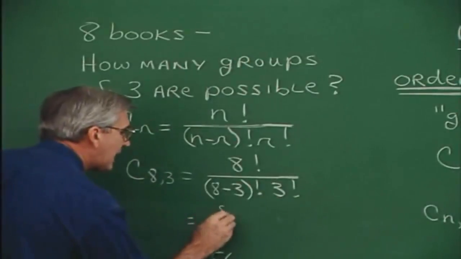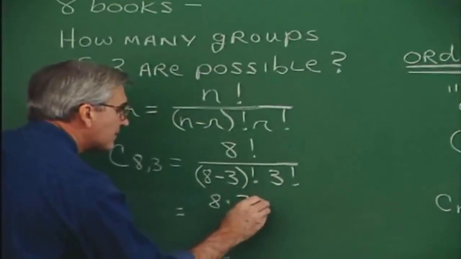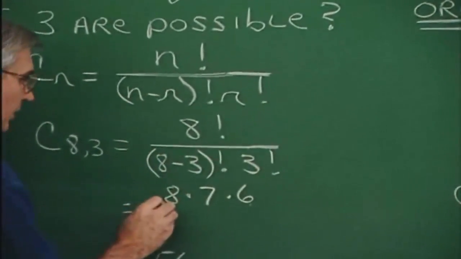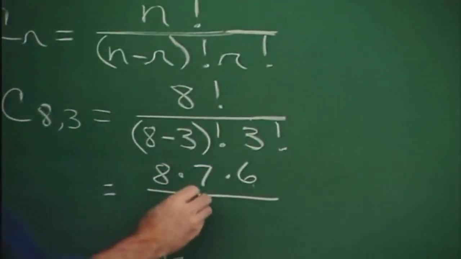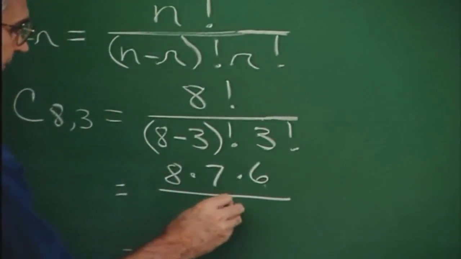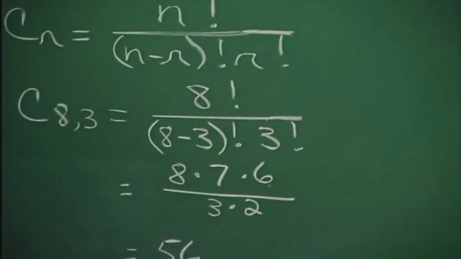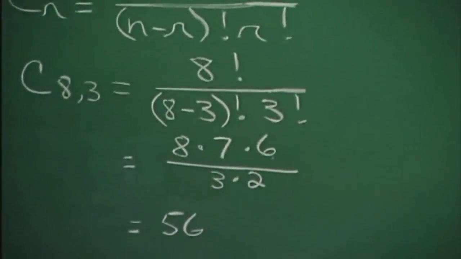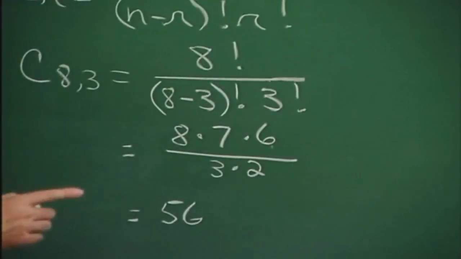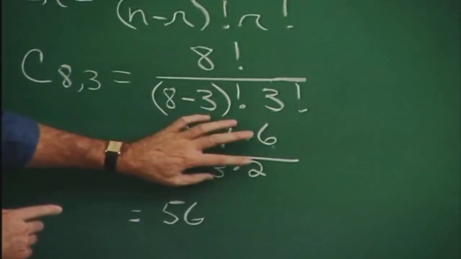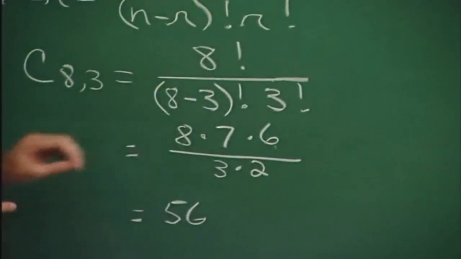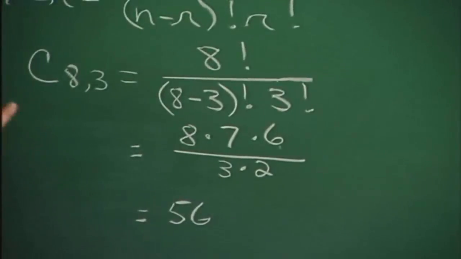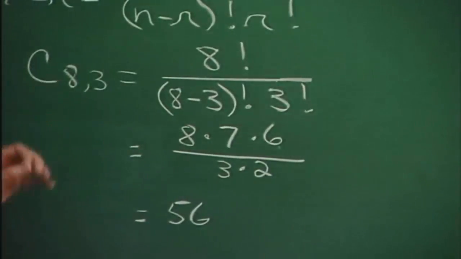So we can go 8 times 7 times 6. And the denominator is simply the 3 factorial. So this is 3 times 2. You see now this is 6, that's 6, they go out, 8 times 7, 56. So either way you do it is fine. This is just a little shortcut trick to deal with combination formulas by hand, if we're doing the manipulation ourselves.